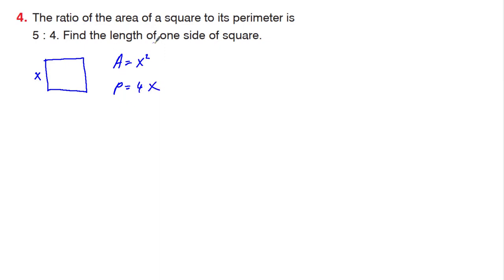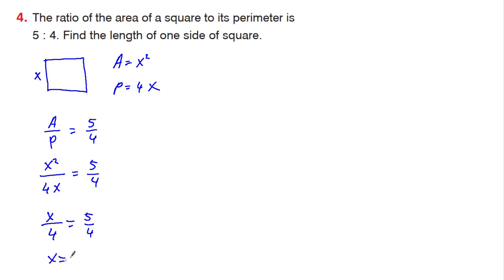Now, the ratio of area to perimeter is 5 to 4. Its area is x squared, its perimeter is 4x, it's 5 to 4. Now, we can cancel these x's, so you get x over 4, it's 5 over 4. That means x is 5.